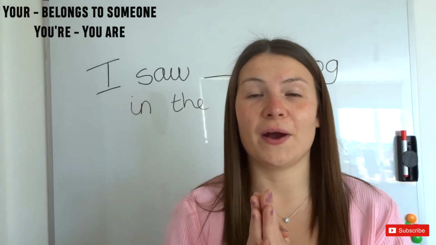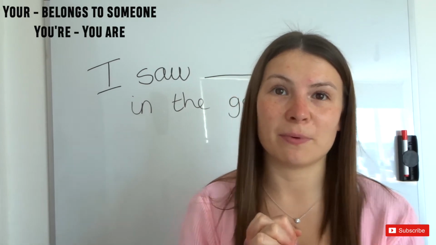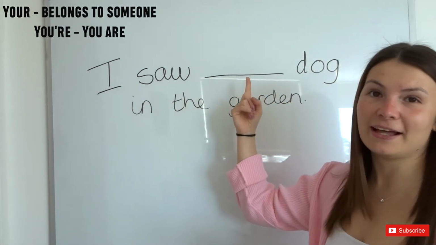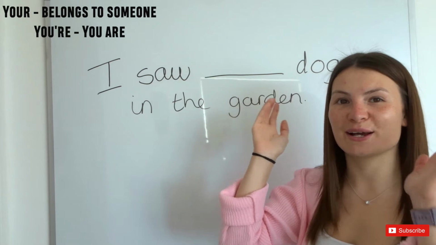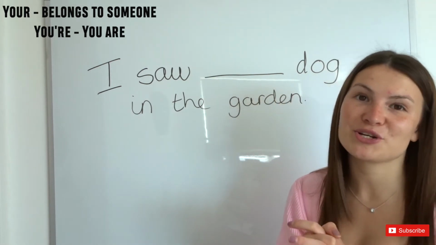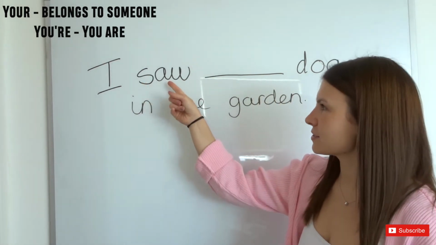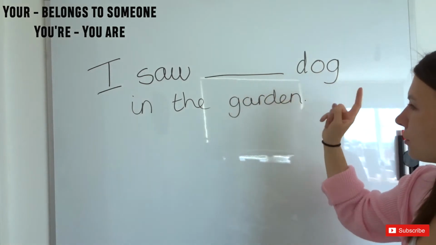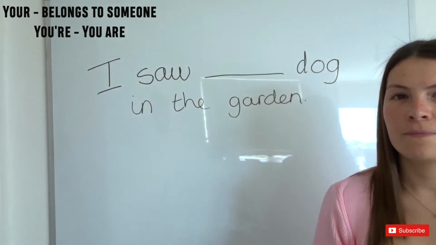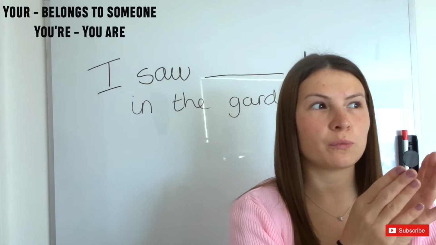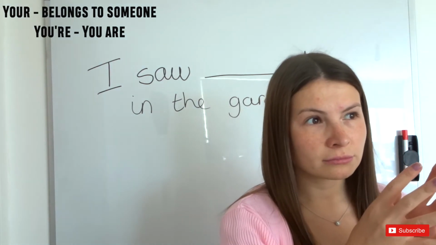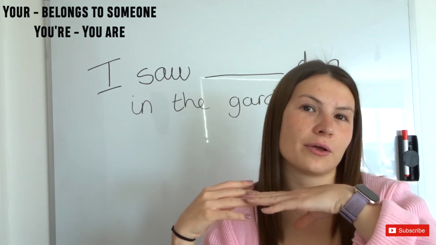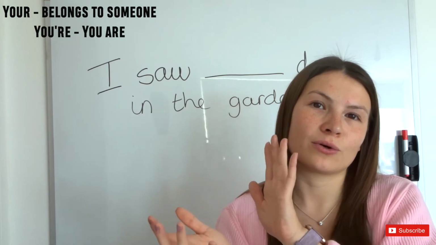So here you go, I have put a sentence on the board and in the gap goes your, but it's up to you at home to figure out which your goes there. I saw your dog in the garden. Is it the contraction word for you are, or is it your as in it belongs to somebody?